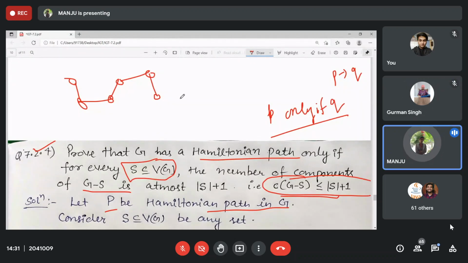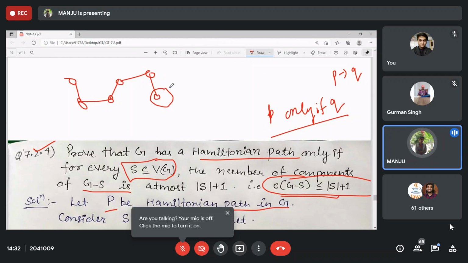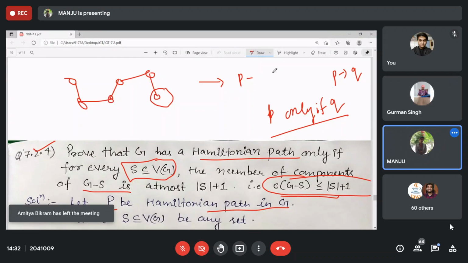If we delete one vertex at a time from this path, either I can delete an end vertex or I can delete any of these in between. If we delete the end vertex, the number of components of P minus that vertex stays the same, one only.